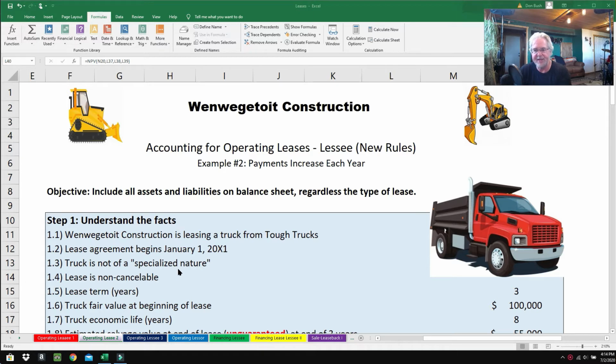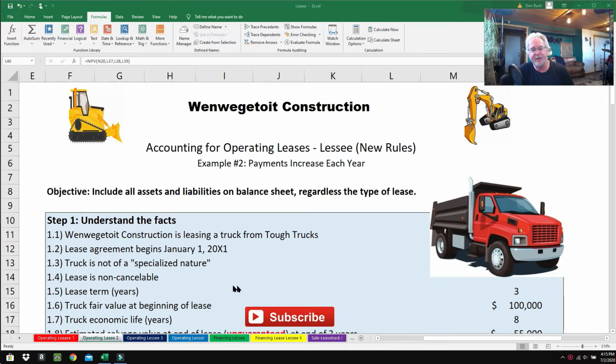What does specialized nature mean? It means that this truck was not built and designed specifically for When We Get To A Construction and would do no one else any good. This truck would do a lot of construction companies good. A lot of construction companies would like to own or lease this truck. So it's not of a specialized nature.